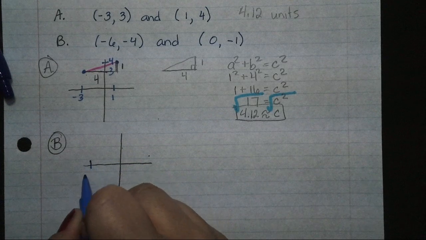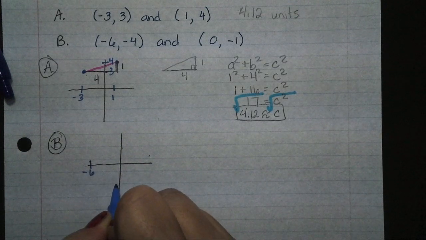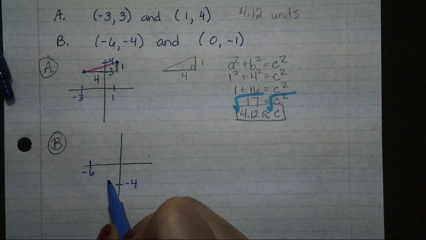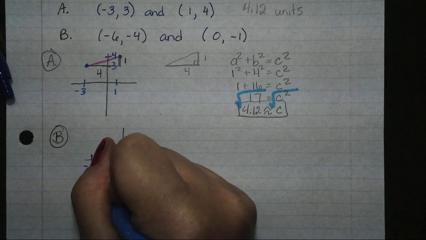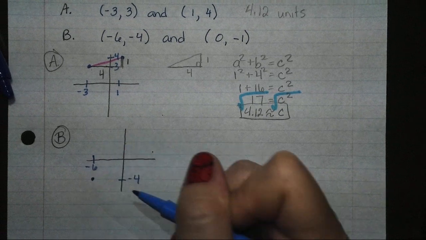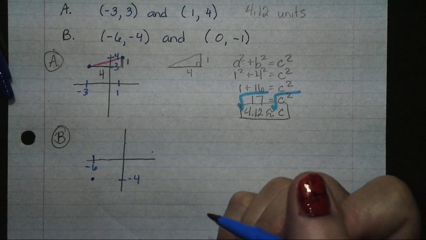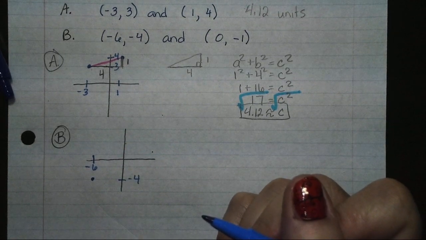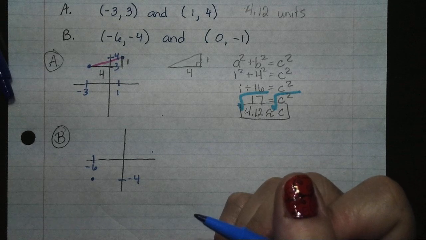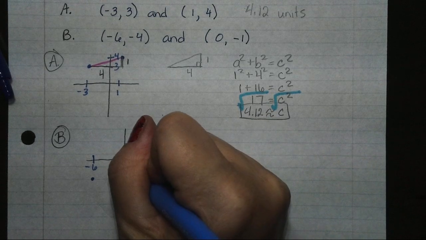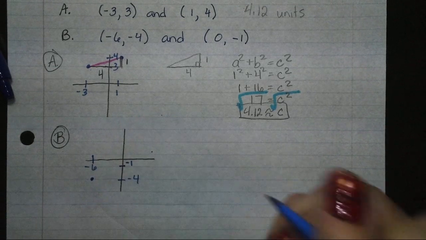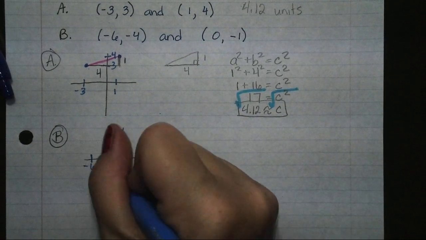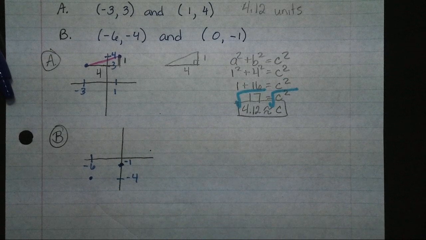So going to the negative 6 on the x, down to the negative 4 on the y. And it doesn't matter if you're really exact. Really what matters is finding the distance. So just having points there that you can follow, as close as you can to where it would actually be. And then we have the point 0, negative 1. So we're on the 0 on the x, and we're going to negative 1 on the y. And so our point would be right there on the y-axis.